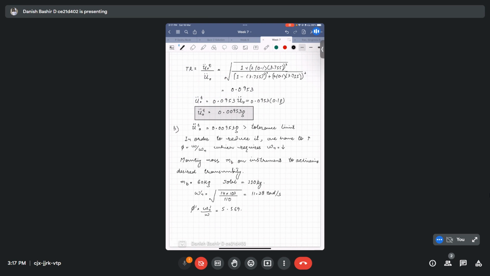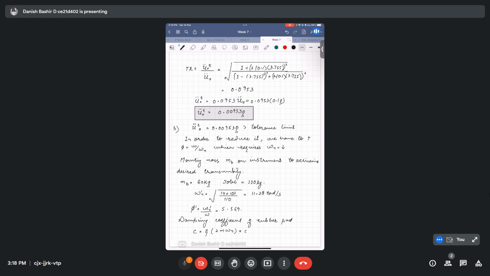Since we changed the natural frequency of our system, the damping will change accordingly, so we will find the new damping ratio. First, the damping coefficient of the rubber pad. C is given by twice theta m omega n.